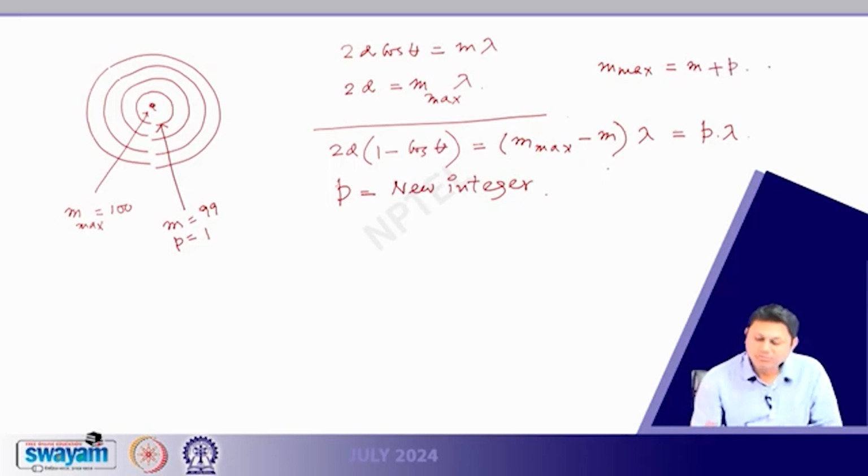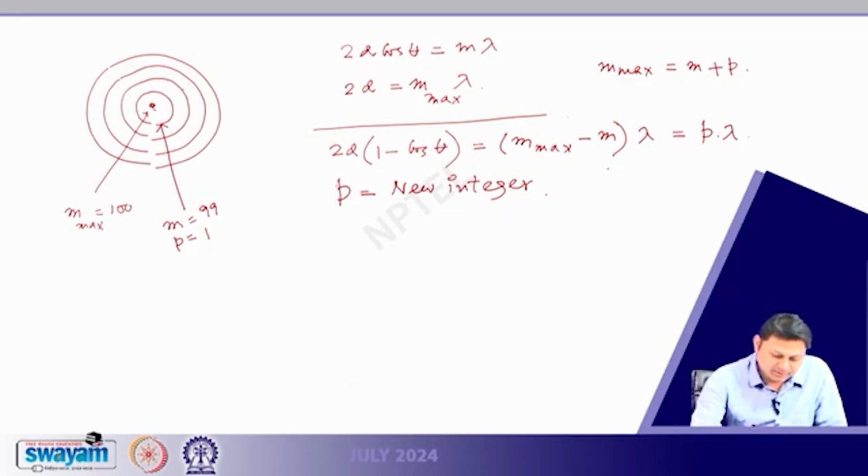So, m plus p will always be 100, and if I go one by one to the outer rings, the m value will reduce and the p value will increase, so that if I add these two, we get back m max.